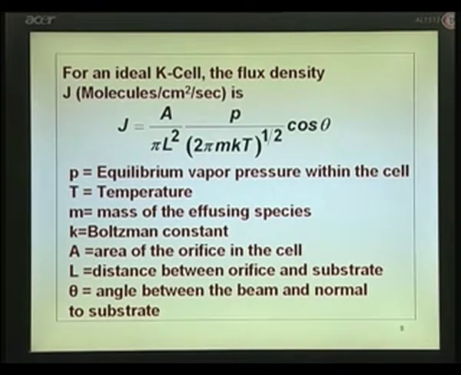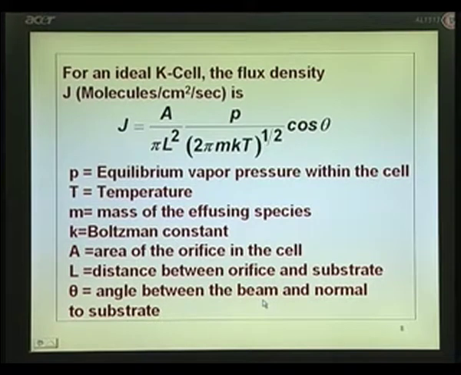For example, you do not have to worry about this equation, it is just to show that the flux density of these molecules is related to the equilibrium pressure within the cell and also its temperature in this fashion, and of course the angle between the beam and the normal to the substrate. If theta is 90 degrees, nothing gets deposited, the flux is 0.